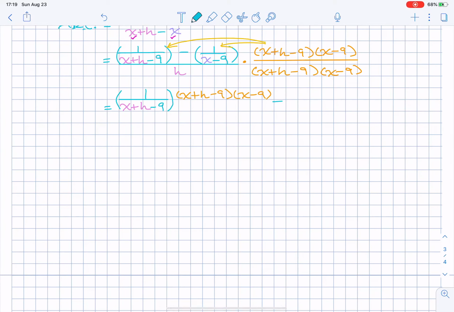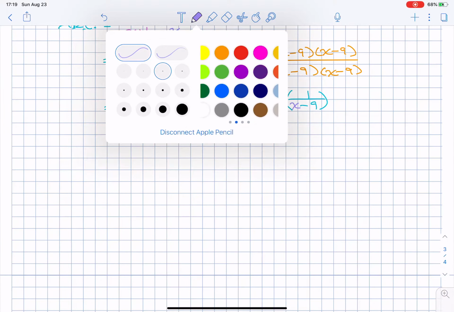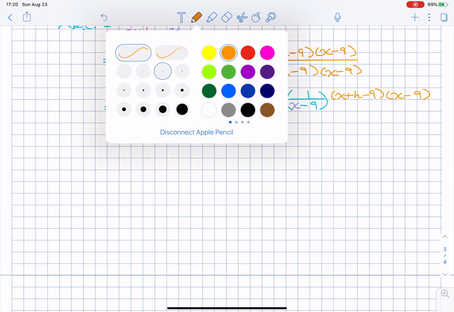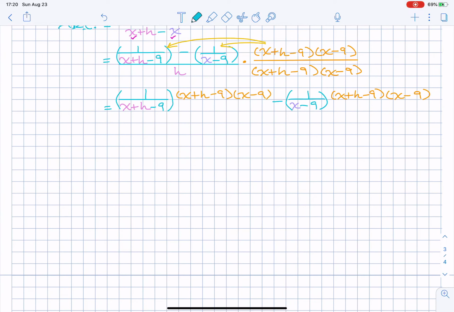Then we're going to subtract 1 over x minus 9, where x is in purple this time. And we're also going to distribute that orange guy to this term. So x plus h minus 9 times x minus 9. Okay, now I'm going to also distribute orange, big ugly guy, in the denominator.